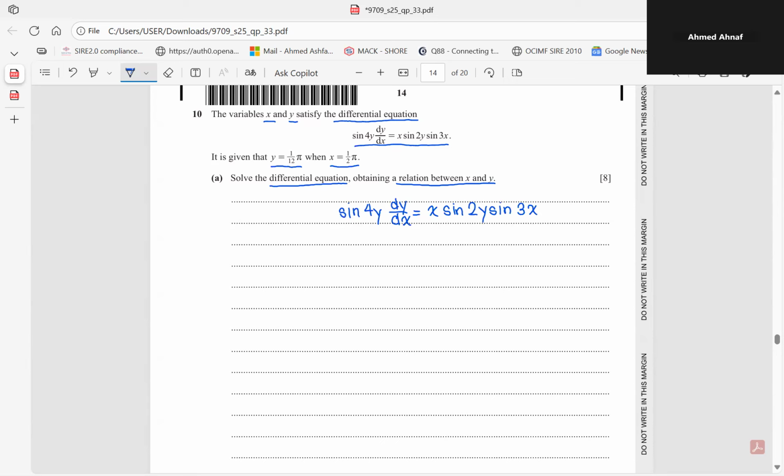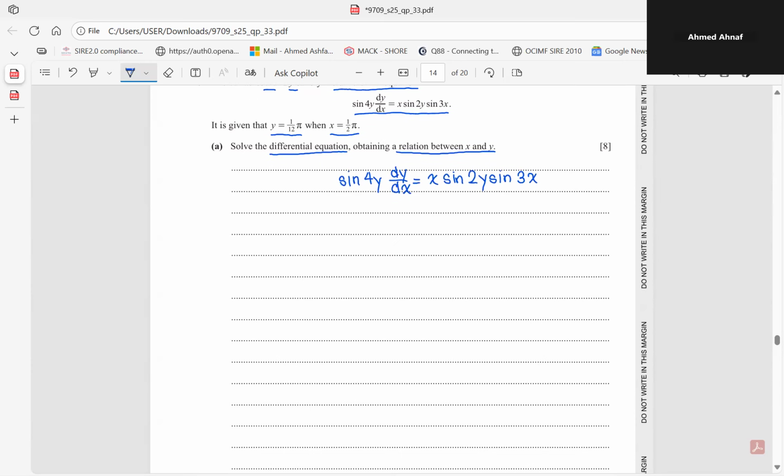Yeah, so now we're going to separate the variables. So we'll move all the y terms to the left. So it'll be sine 4y over sine 2y dy dx is equals to x sine 3x.